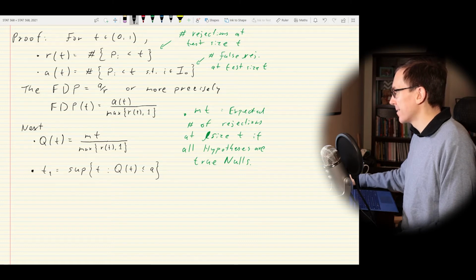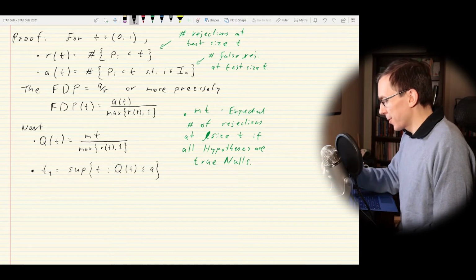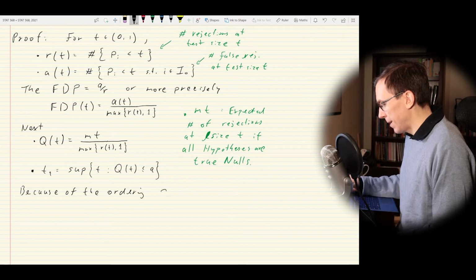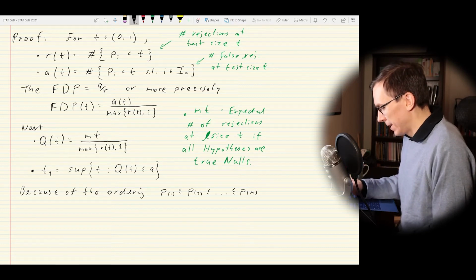And consider, yes. Because the p-values are ordered, because of the ordering, remember, p1 less than or equal to p2, etc., we have some interesting behavior now for our function R. If R is evaluated at p sub i, what is that telling us?